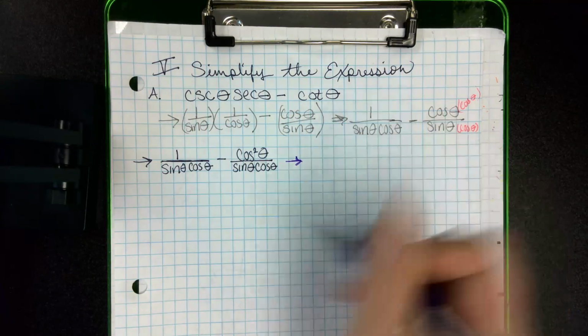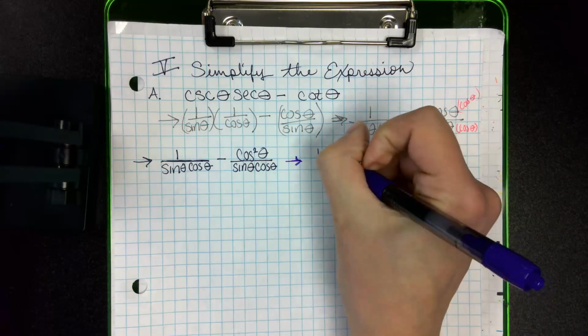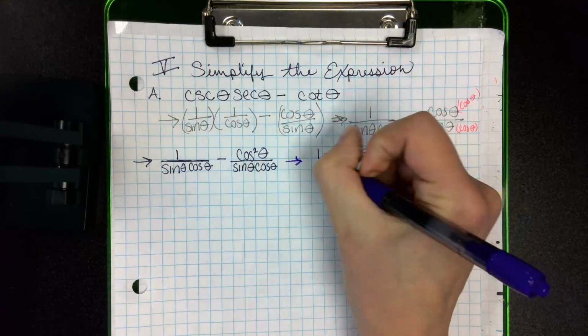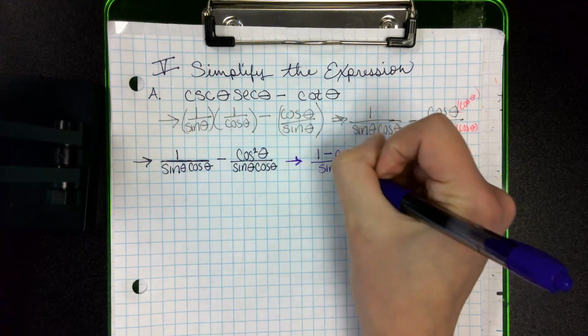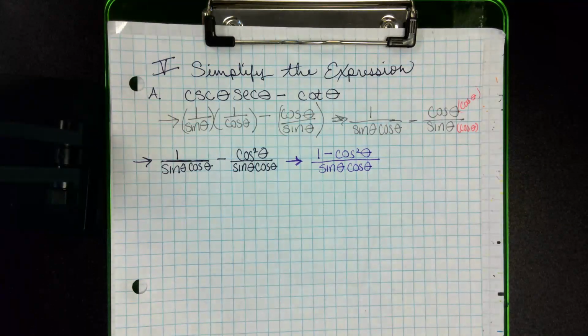I have a common denominator now, so I can put the numerators together. So I have 1 minus cosine squared theta on top. And on the bottom, I have sine theta, cosine theta. Okay. And what does that look like on top?